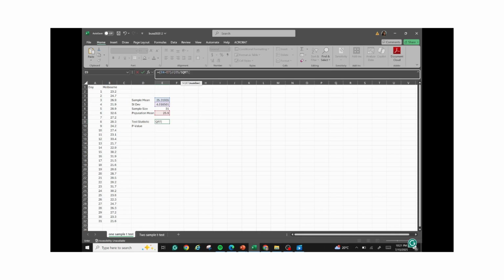We square root the sample size. Okay. So our test statistic is minus 0.80, rounded to minus 0.801.